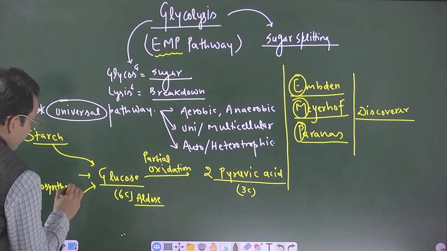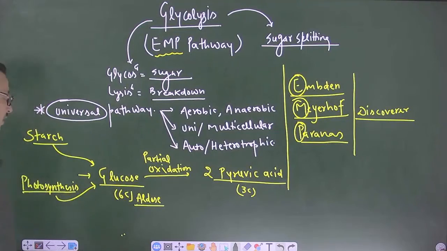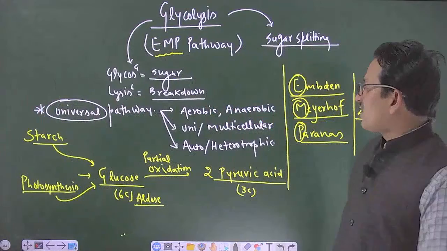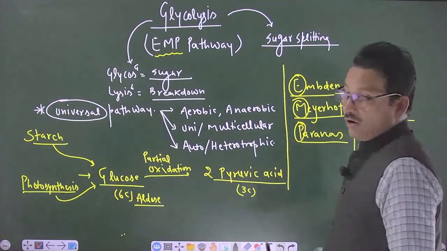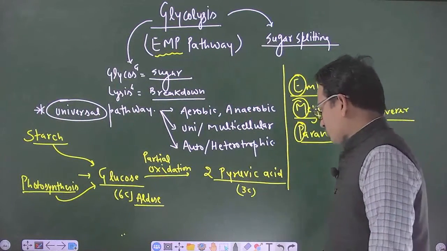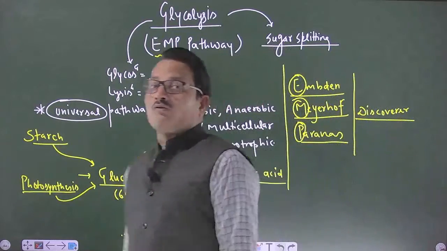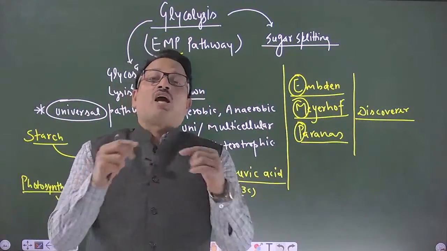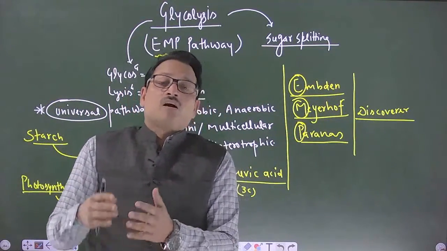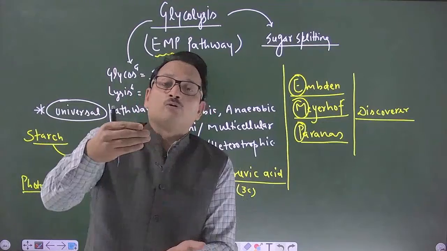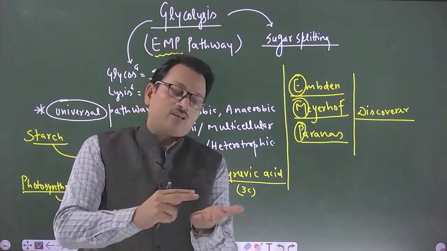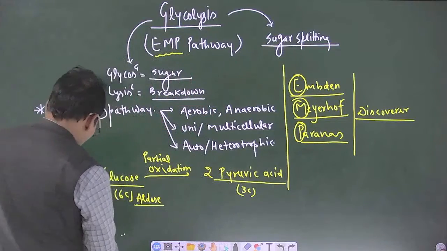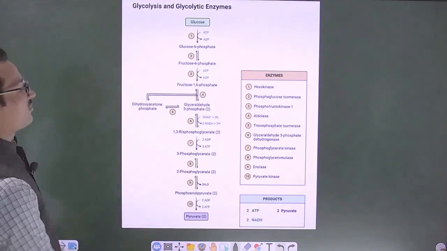The end product of photosynthesis is sucrose, and sucrose is a disaccharide which can be broken down by the enzyme invertase into two monosaccharides. One is glucose and another one is fructose. See this pathway, and you can easily understand the concept.